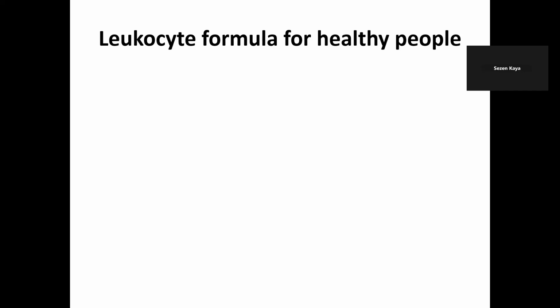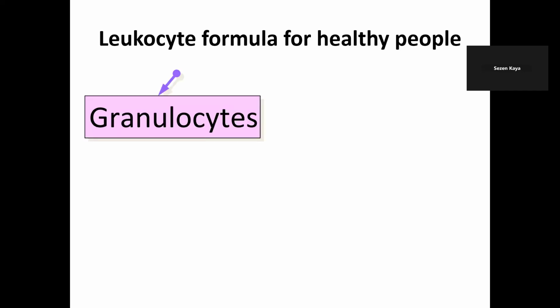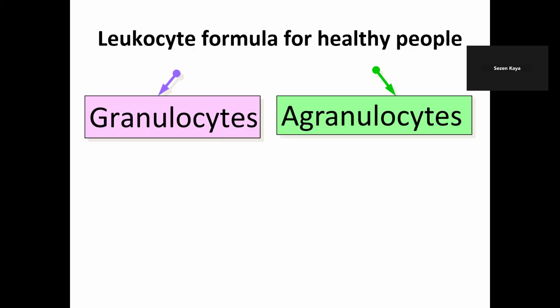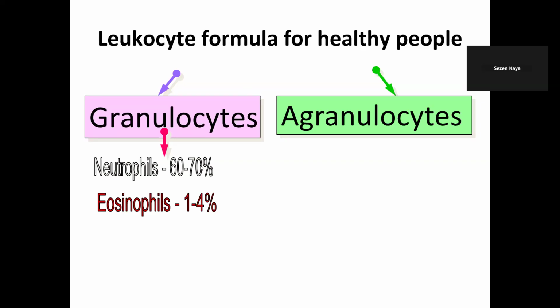For example, all leukocytes we can divide into granulocytes and agranulocytes. Among granulocytes we have neutrophils, which are 60–70% of all leukocytes. Eosinophils, 1–4%, and basophils normally should be absent in peripheral blood, or at maximum 0.5% is normal.